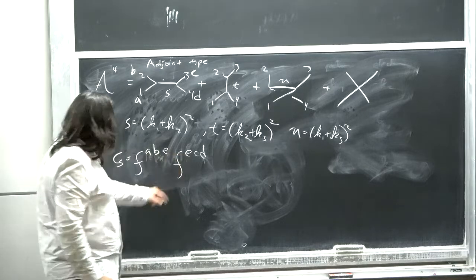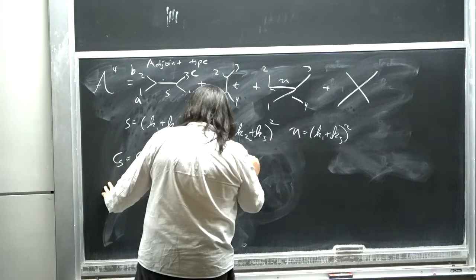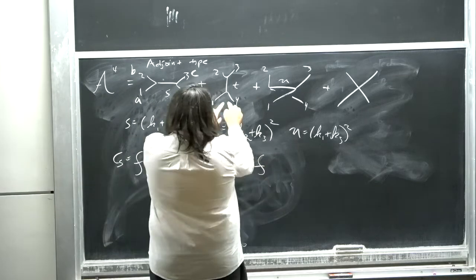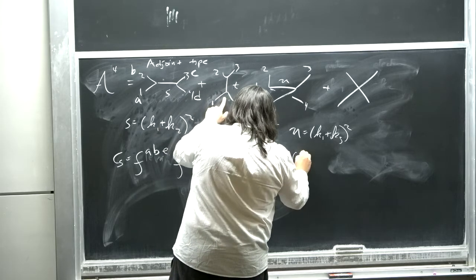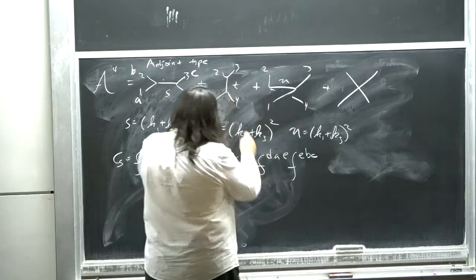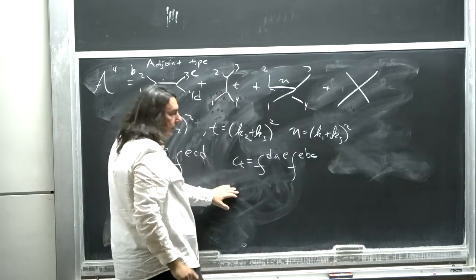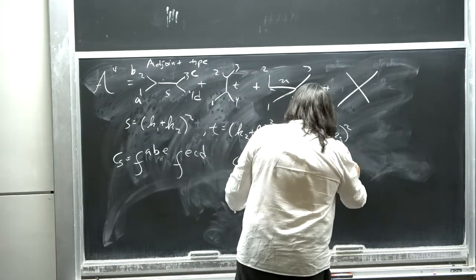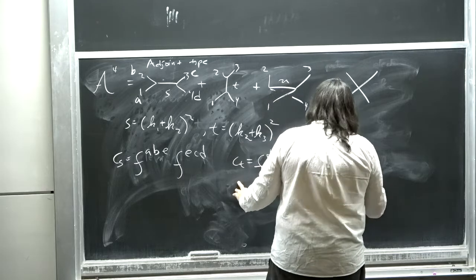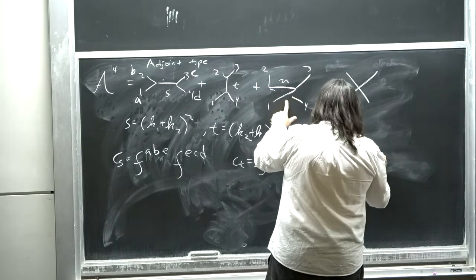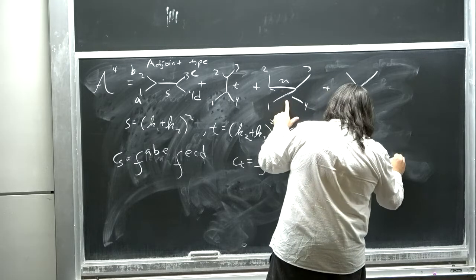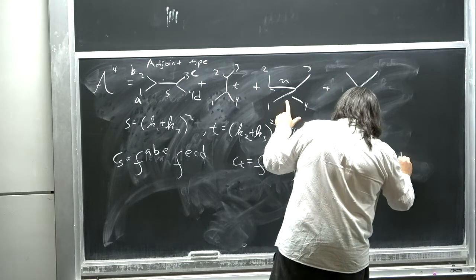I read cyclically around. c_T, f^{dae} f^{ebc}. Cyclically around. Yeah? This is c_U. So f^{cae} f^{edb}.